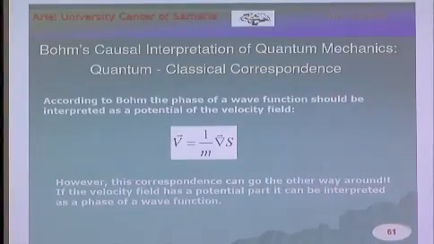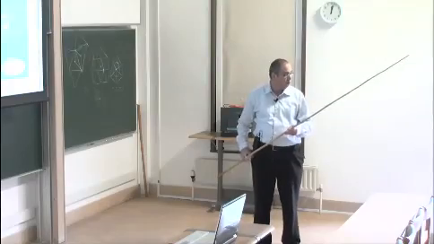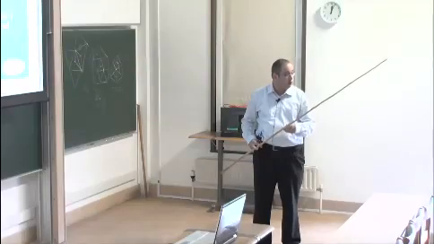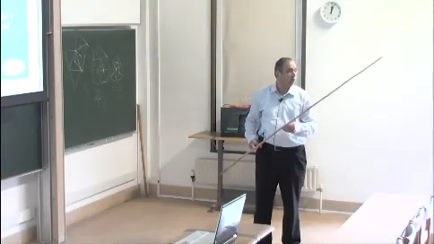Yeah. Well, before I answer this, I want to say something about Bohm's interpretation of quantum mechanics. Now, David Bohm was an adversary of the standard interpretation of quantum mechanics, which is the Copenhagen interpretation.